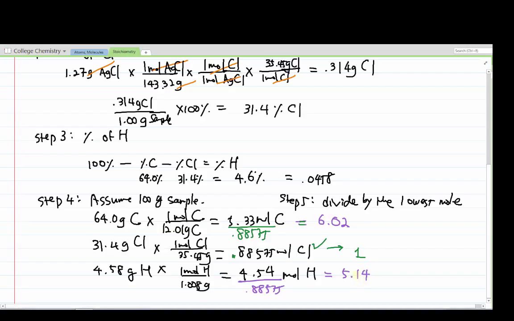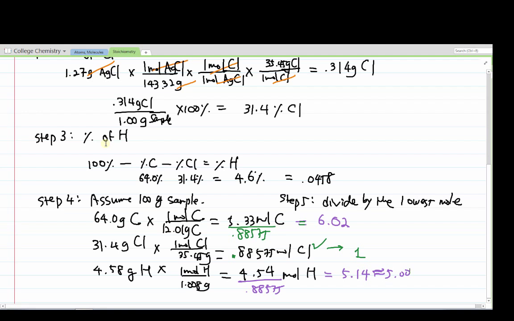Now the 0.14 is not really good to round down to 5, but it's good to assume 5 for now. Because if you try to make this an integer, then we're gonna have a really big number here, and usually the problem doesn't ask us that way.